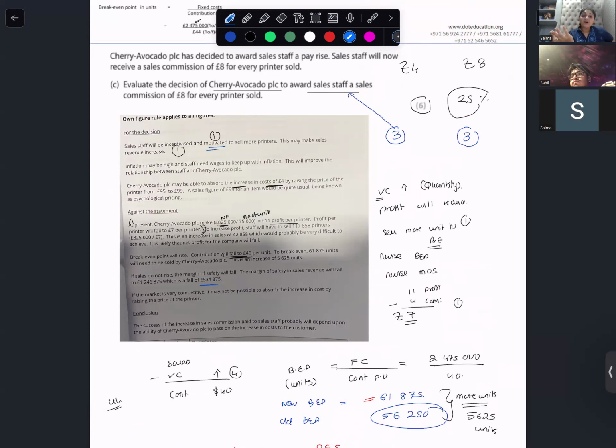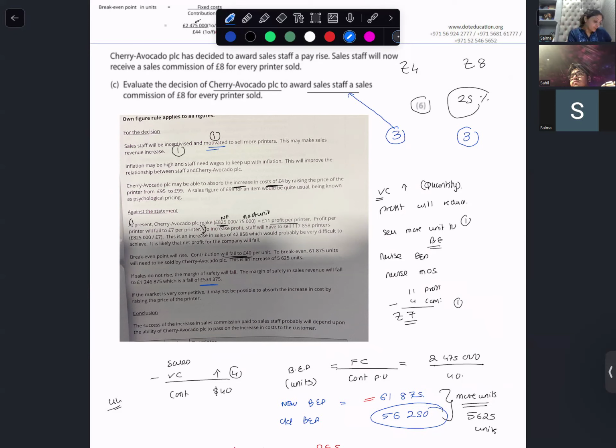However, the success of every company depends upon the competitiveness of their sales staff. The sales staff may be able to achieve this target because of the high incentive provided.